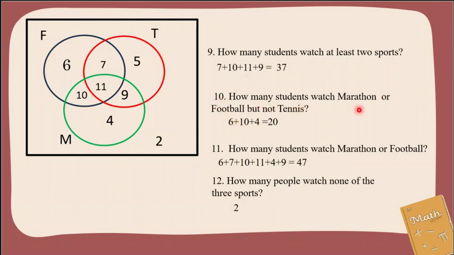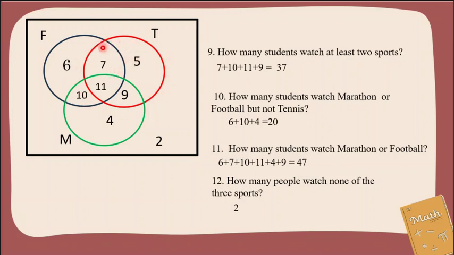Then, how many students watch marathon or football but not tennis? Marathon or football but not tennis. Look at something here. We have marathon here, we have football there, but we don't want to include tennis into it. So every part that has anything to do with tennis, we want to exclude.